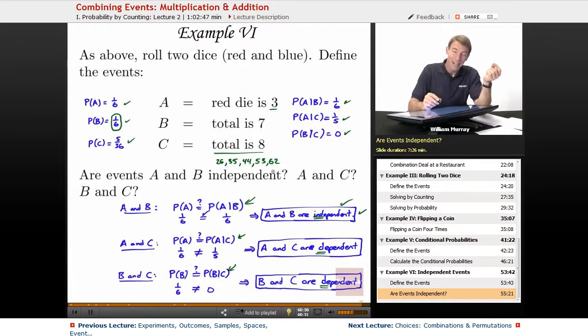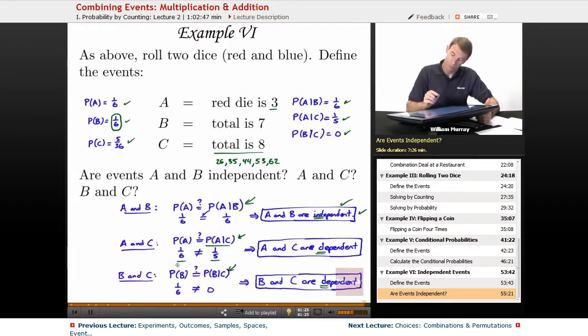So if I tell you that A is true, if I tell you that the red die is 3, what I've really told you is, in particular, that the red die is not a 1. That makes it slightly more likely for the total to be 8, because we know now that the red die is not a 1. That's why P of A given C is slightly higher than P of A alone.